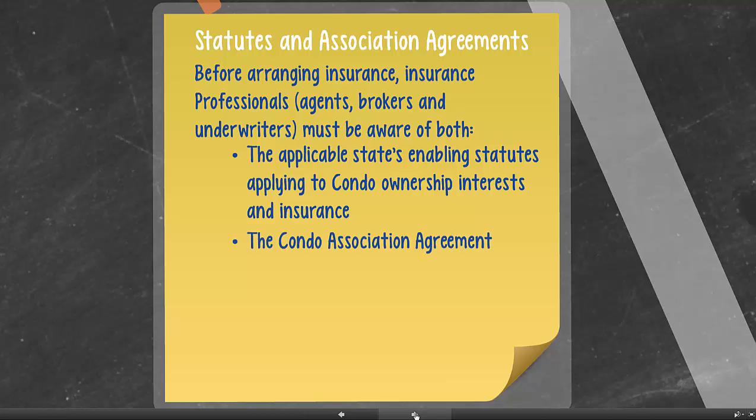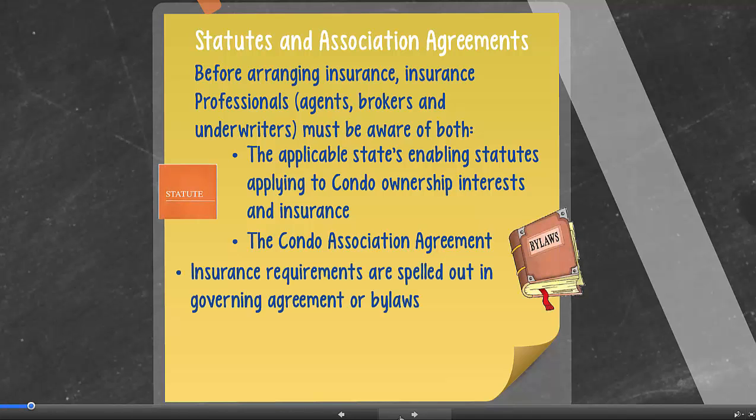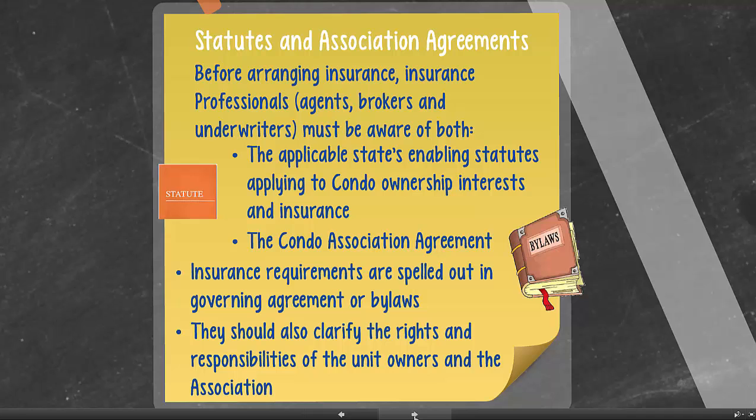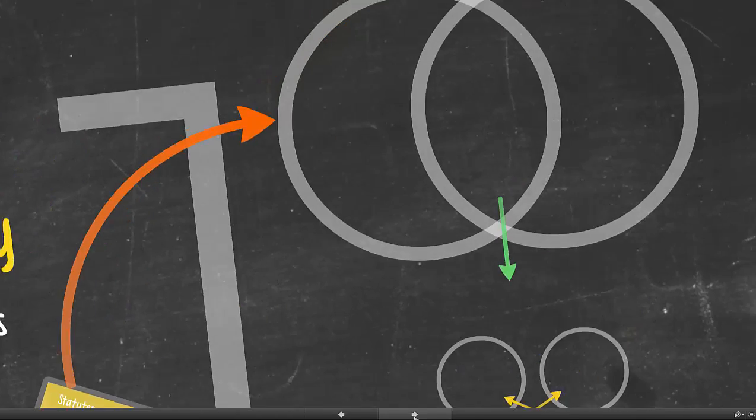States have laws that relate to ownership interest and the purchase of insurance, and these laws can be very different from one state to the next. But possibly even more importantly is the detail within the condo association agreement itself. The insurance requirement should be spelled out in the governing agreement or bylaws of the condo association. They should also clarify the rights and responsibilities of the unit owners and the association, particularly with respect to insurance.